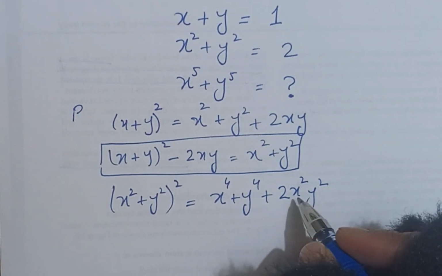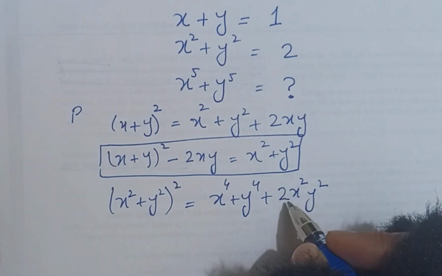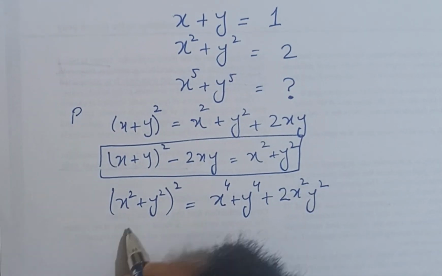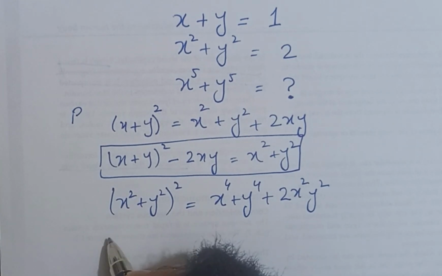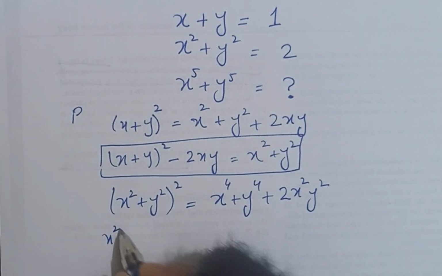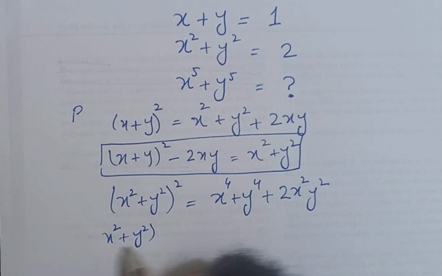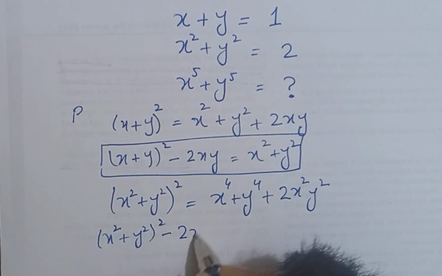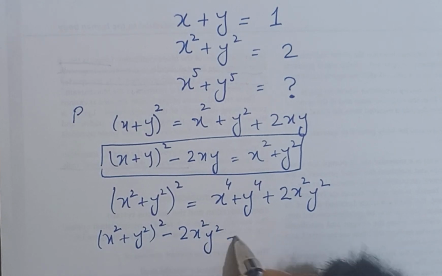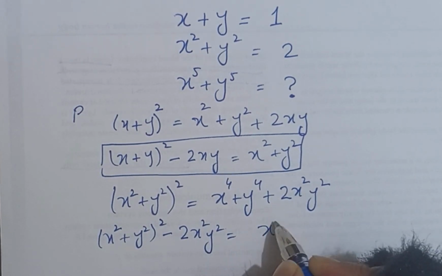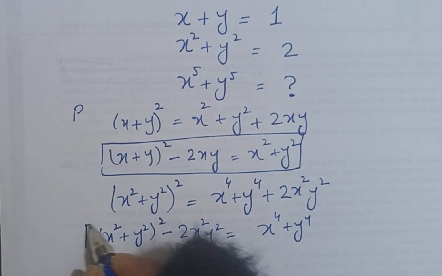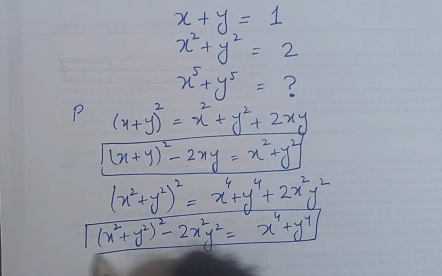In the next step, if we subtract 2 times the product of x square and y square on both sides of this equation, then we get (x square plus y square) whole square minus 2 times the product of x square and y square is equal to x raised to the power 4 plus y raised to the power 4. So we also highlight this property.